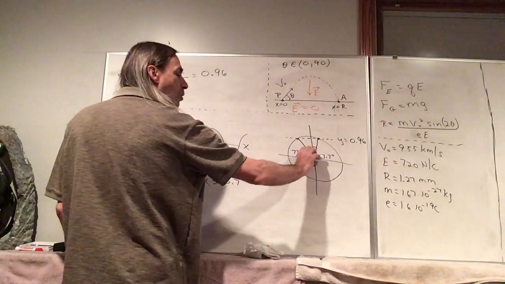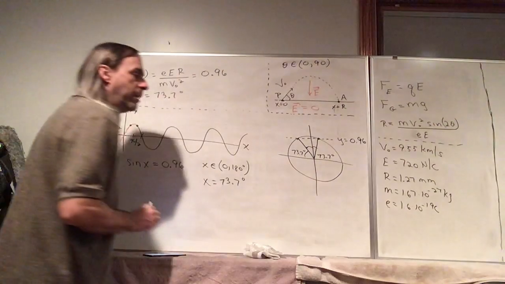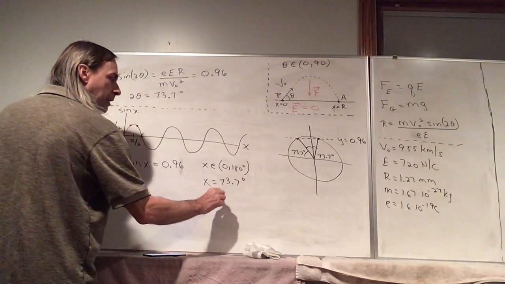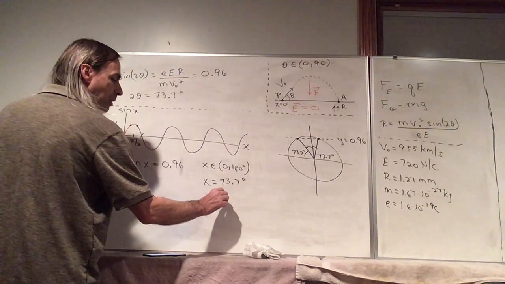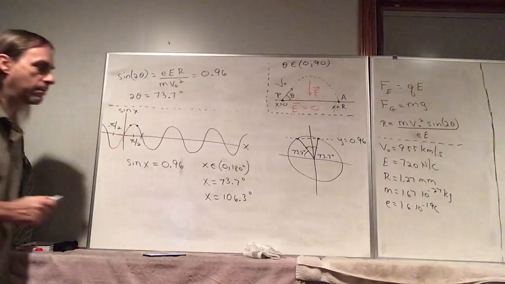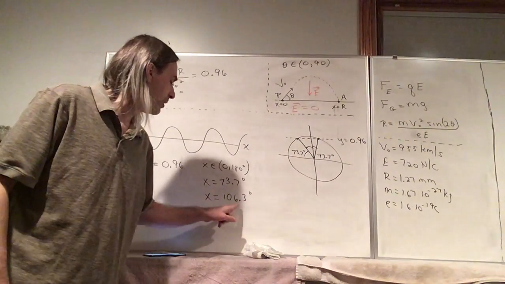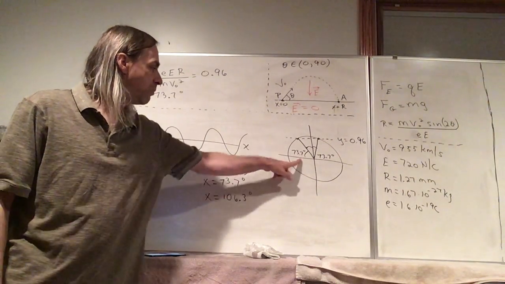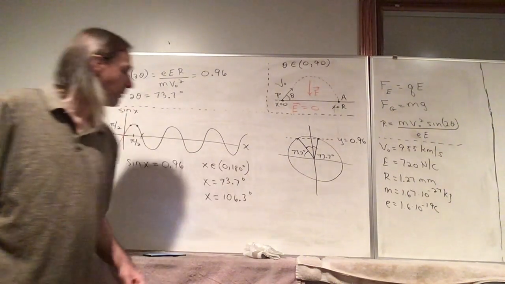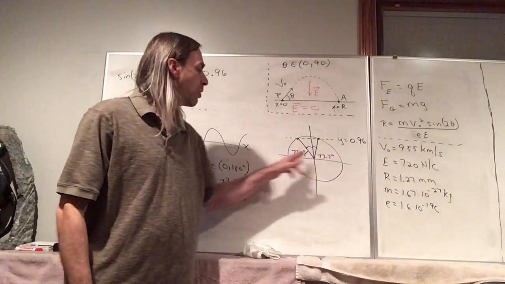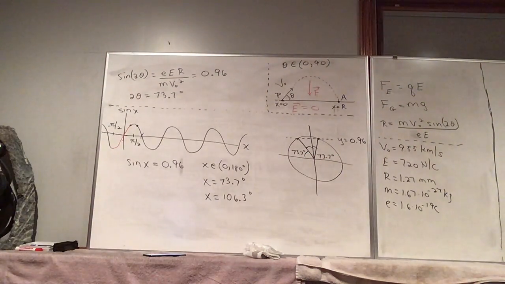And so if we go 180 minus 73.7, we'll have x is equal to 106.3 degrees. So let's just check. Adding 0.7, that'd be 107, and then plus 3, 110, plus 7, yeah. So those are the two solutions in this range from 0 to 180 degrees.